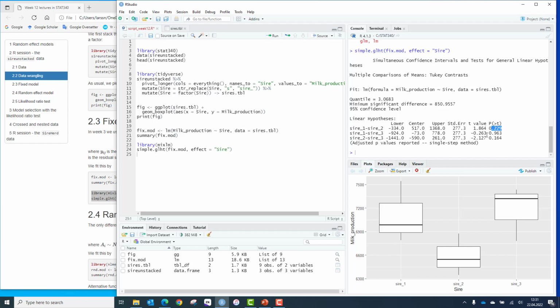Sire 1 to sire 3, not significant. None of them were actually significantly different. Sires 2 and 3 were the best candidates to get some differences, and we can see that they are also the closest to being significantly different. But this is fine if you are actually interested in comparing these 3 sires. This is the way you should approach it.